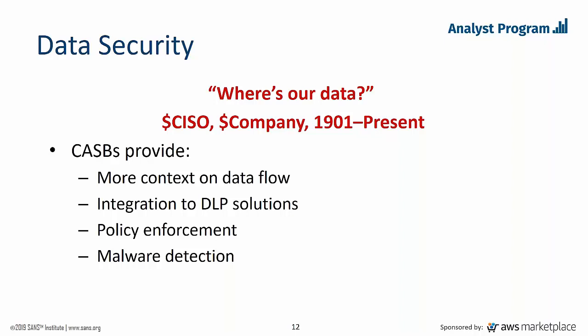And so CASBs allow us to understand where our data is being transferred to and apply some sort of DLP protections, such as either block the transfer of data that's tagged as sensitive, or maybe even intellectual property or patient records, integrate itself to provide some sort of malware detection, and also more context of data flow, such as, is our data going to unauthorized applications in the internet?